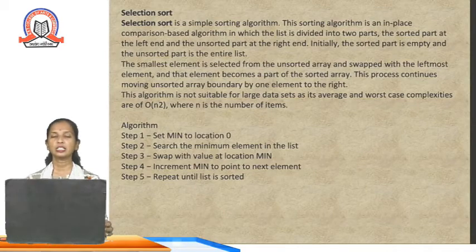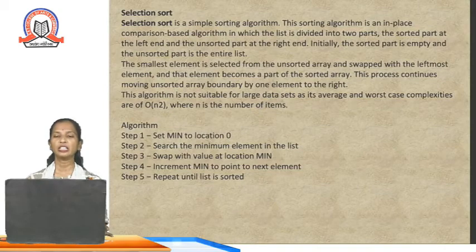So the condition that is checked here is that the first element of the list is considered the minimum element, and it is compared with the next element in the list. If the first element is less than the second element, then the first element is considered the minimum, and the same process continues.